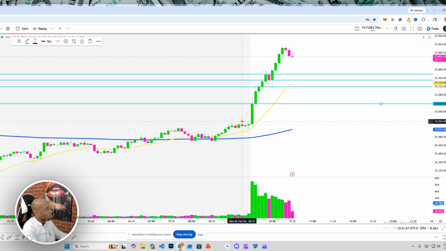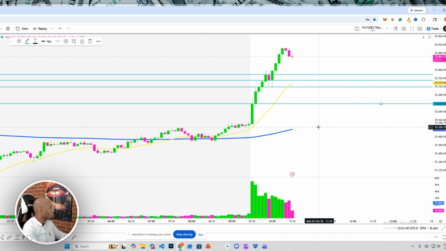I try to put only necessary drawings on my chart. I don't like it to be too, I don't want to say convoluted, but cluttered, right?